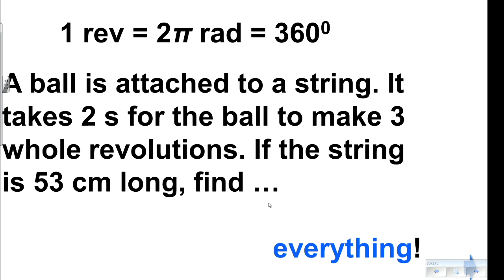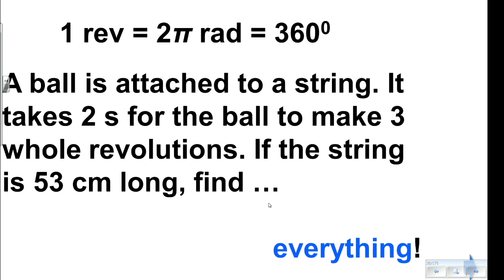So this is what is happening. A ball on a string, and we spin it. And we count how many revolutions it makes. It makes a circular motion, and we studied extensively this type of motion.